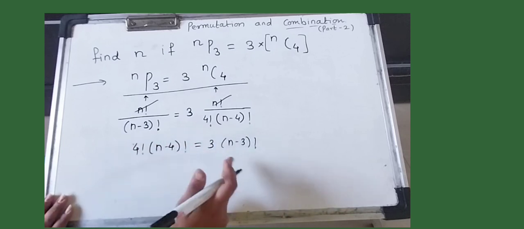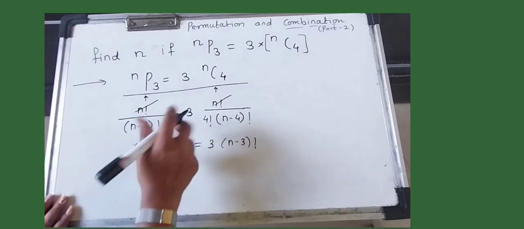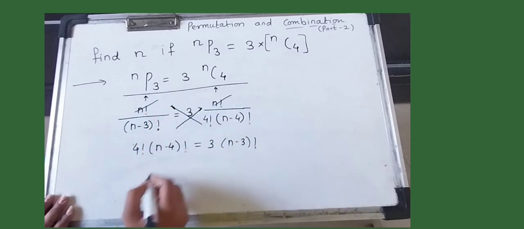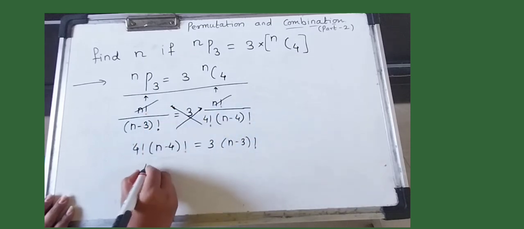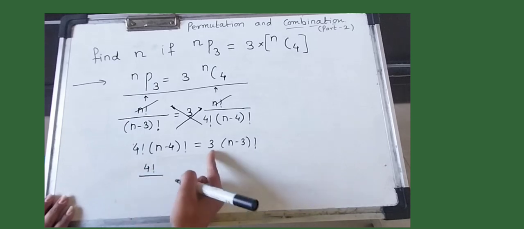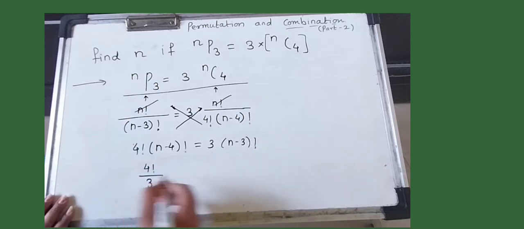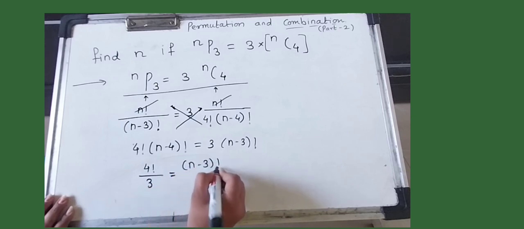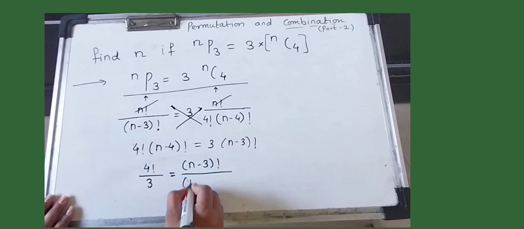If I take a cross multiplication, what we get? Cross multiplication is like this. Now, 4 factorial upon 3 is multiplied here. Here it becomes divided. Equal to n minus 3 bracket factorial divided by n minus 4 bracket factorial.